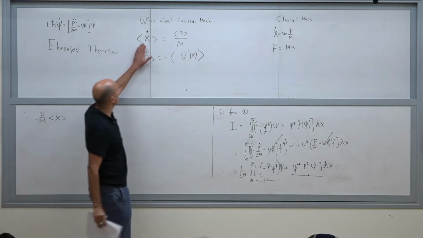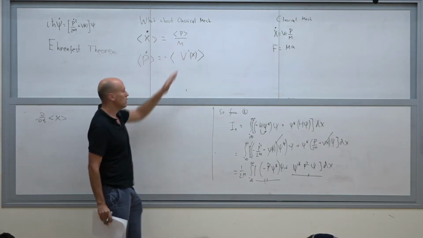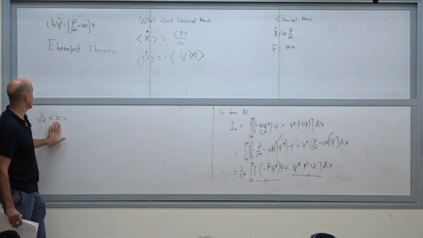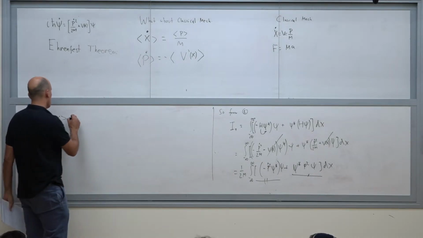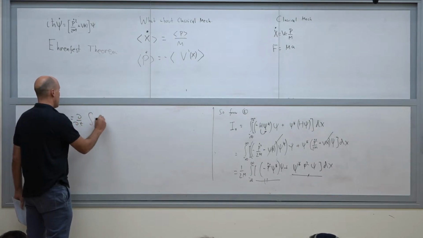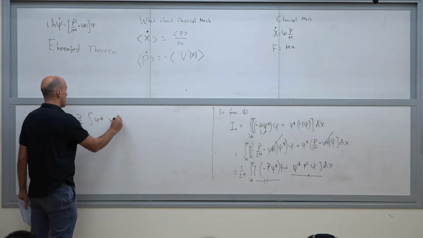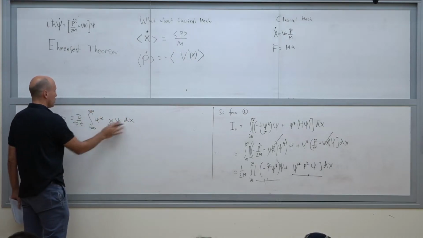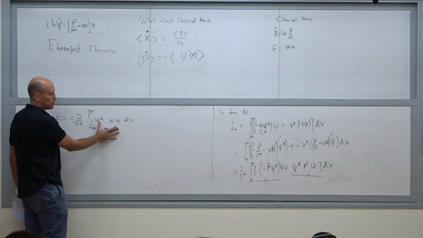I want to essentially prove this equation, so I need to take the time derivative of the average of x. But what is this? This is the time derivative of the integral of psi star x psi dx, because this is just the definition of the average of x.